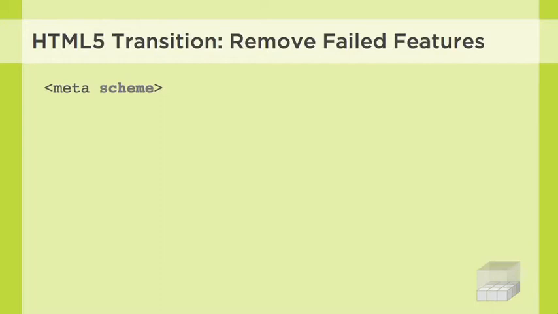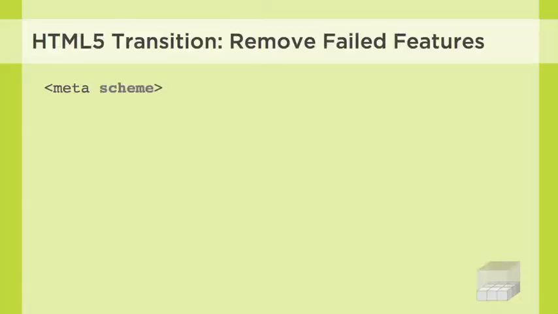More failed features. The scheme attribute of the meta tag is one that, aside from obscure informaticians and maybe some semantic web folks, no one ever really used. It just does not have practical use on the real World Wide Web. And that's because, frankly, as part of the meta tag in general, it's invisible metadata.